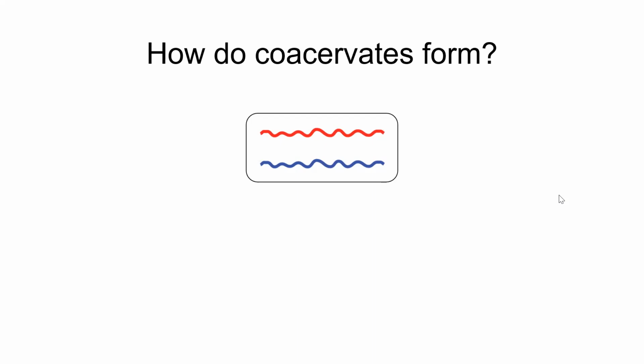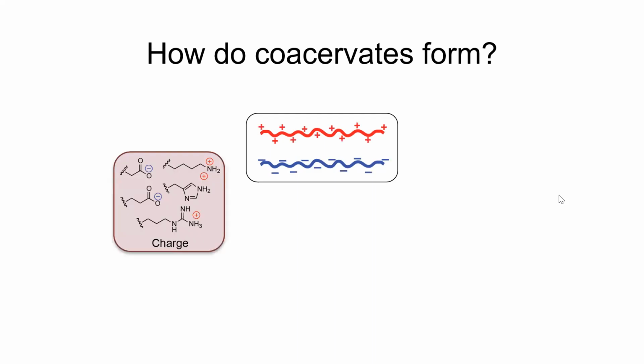The reason I'm telling you this is that coacervates form mostly from polymers, so long chains of molecules, for example amino acids or nucleotides, that can interact through electrostatic interactions.